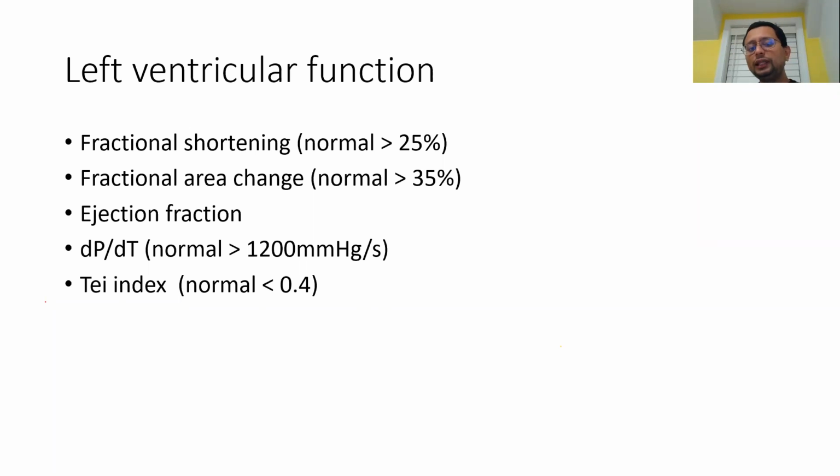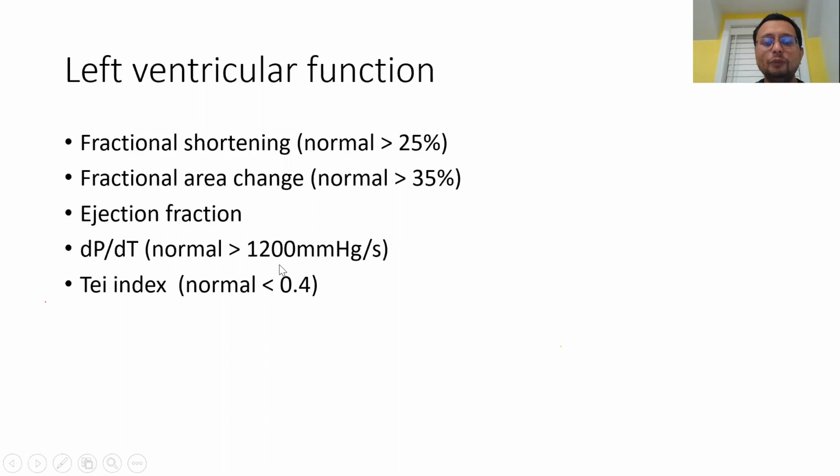The Tei index takes into account the isovolumetric relaxation time, meaning it takes into account diastole. So if in an exam the question is, what is the advantage of the Tei index? The advantage is that it also takes into account the heart's diastolic performance. The lower it is, the better.